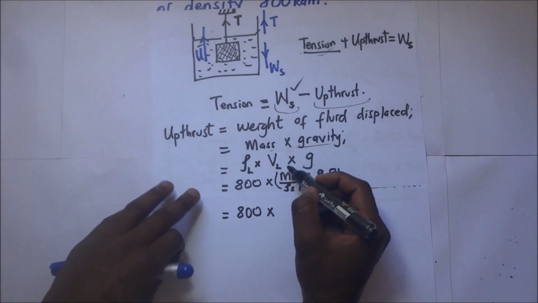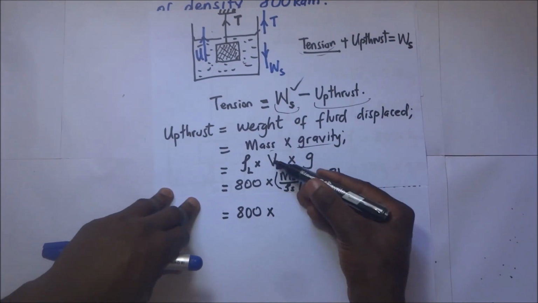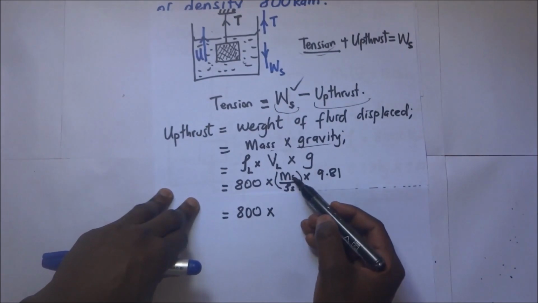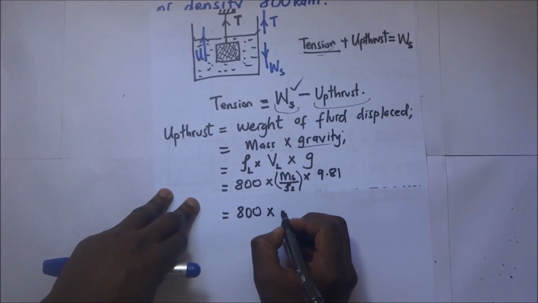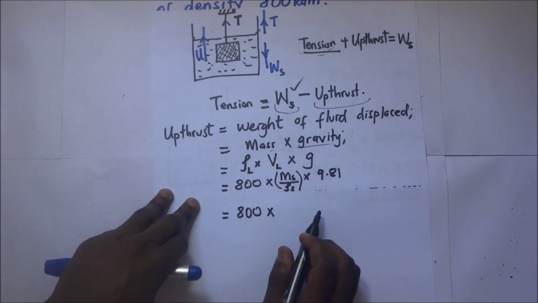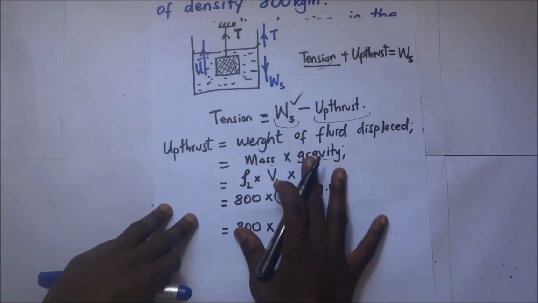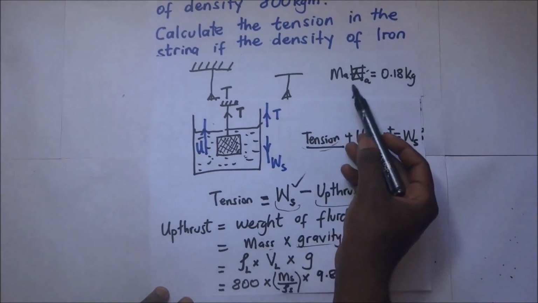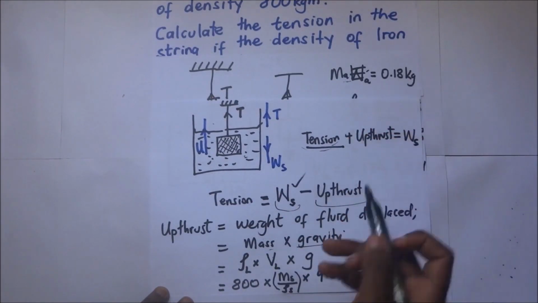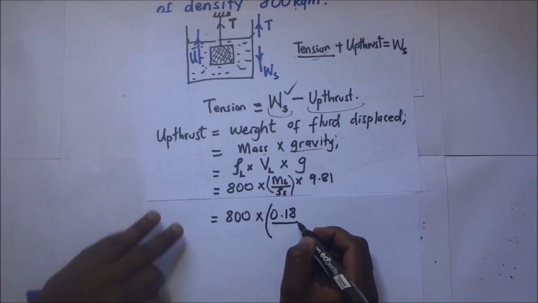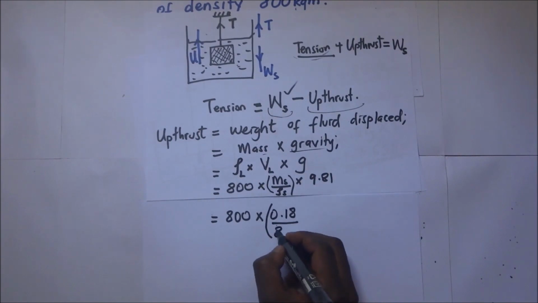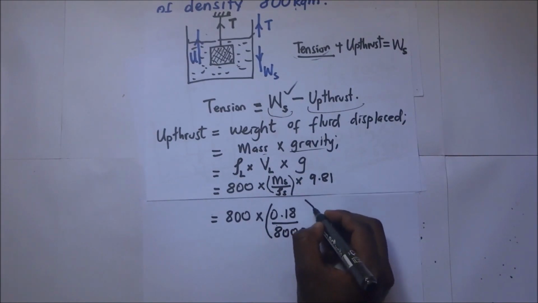So this is going to become 800, multiply that by the volume of the liquid that is displaced, which is the same as the volume of the solid itself, given by the mass of the solid. The mass of the solid in air is given in the question as 0.18 kilograms, divide that by the density of the solid, which is also given as 8,000 kilograms per meter cubed.